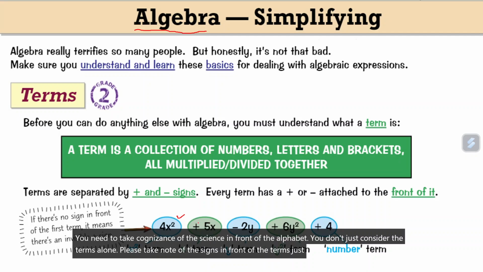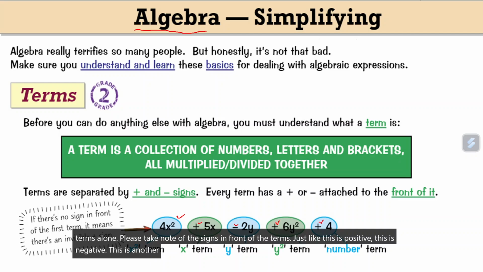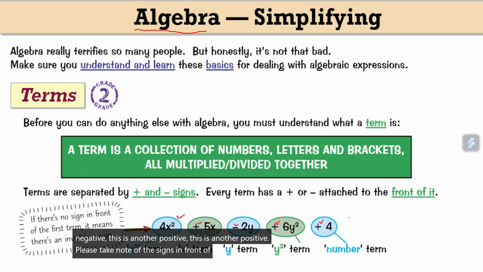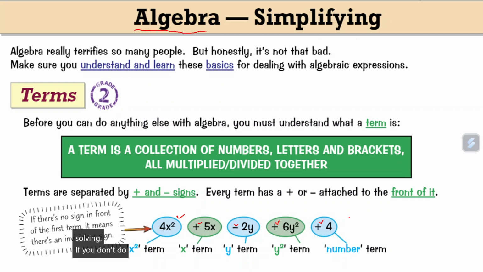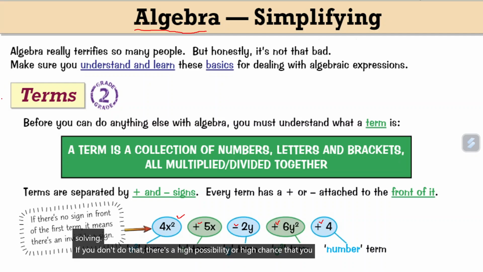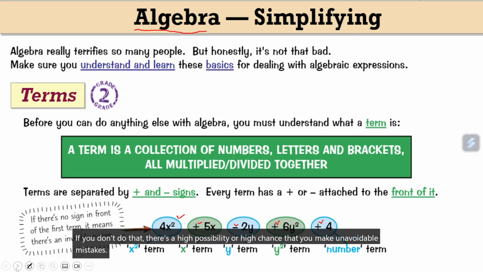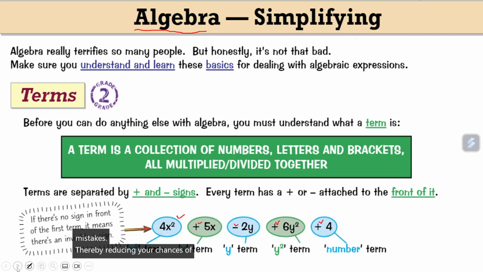Just like this is positive, this is negative, this is another positive, this is another positive. That will make things a lot easier for you when solving. If you don't do that, there's a high chance that you make avoidable mistakes, thereby reducing your chances of getting the desired scores.